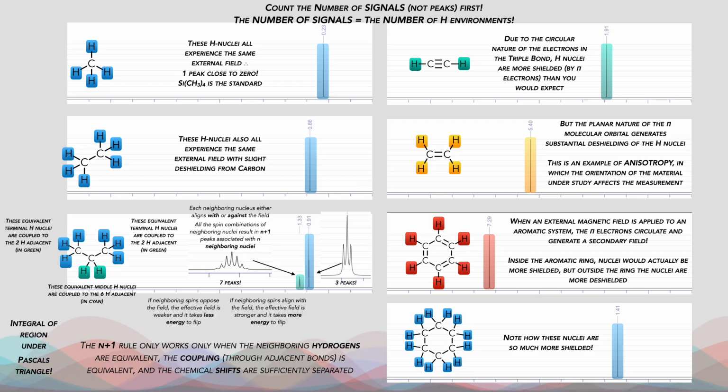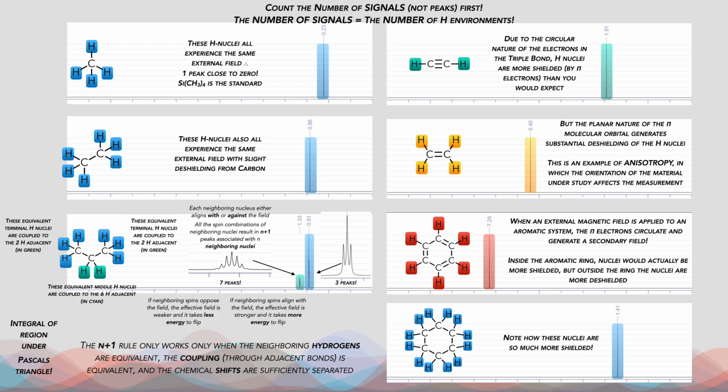Each neighboring nucleus may align either with or against the external magnetic field, slightly altering the effective field experienced by adjacent nuclei. The result is splitting into multiple peaks according to the n+1 rule. Equivalent neighboring hydrogens generate predictable splitting patterns, as described by Pascal's triangle.